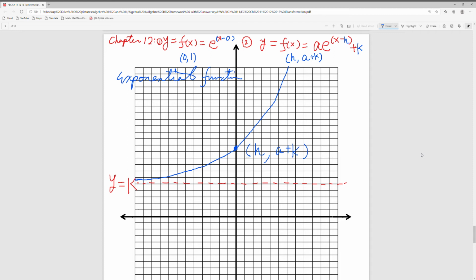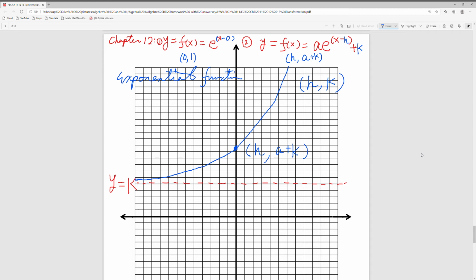So there are two important things you have to learn by using the easier chapter 11 example. Number one, how to make a transformation and find the important coordinate h, k.